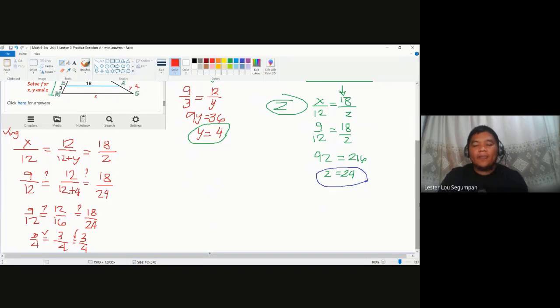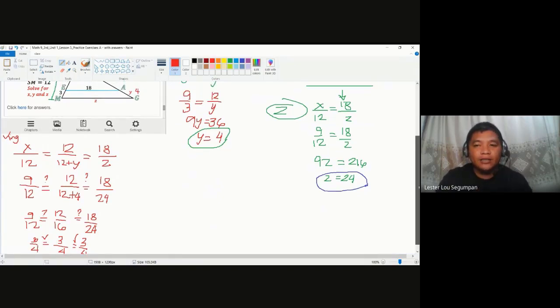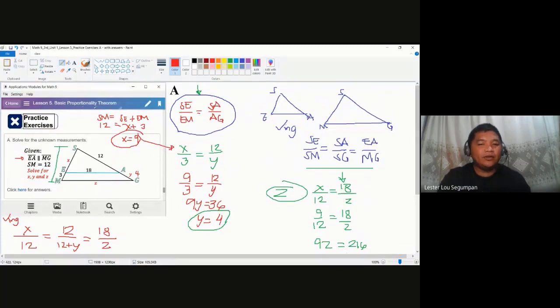I would like to repeat my instructions earlier. The basic proportionality theorem allows us to use the proportion of the segments here, so x over 3 and 12 over y. But for the remaining side, we will use the relationships of the proportional sides, not just the segments.